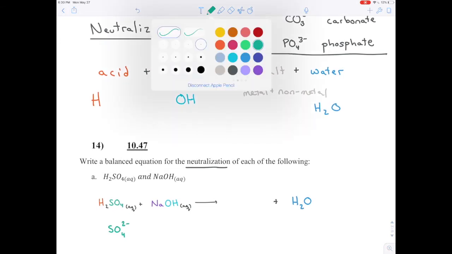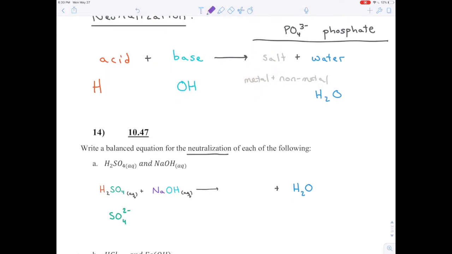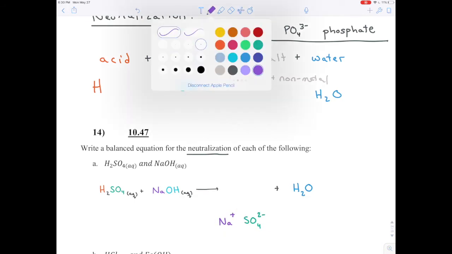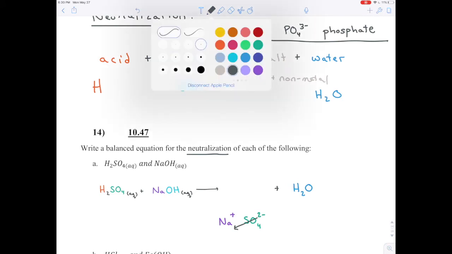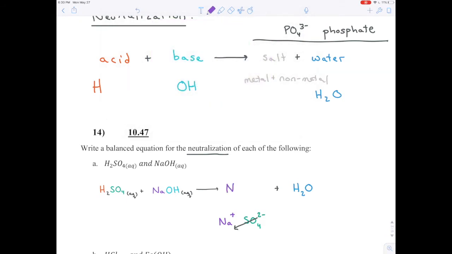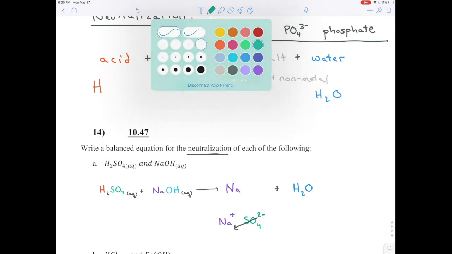Okay, sodium. Sodium is in group 1A on the periodic table, so it has a +1 charge. Always take the positive ion and put that first in the compound. The negative ion always comes second. And then you crisscross the charges. The 2 at the top right of sulfate will become a 2 at the bottom right of sodium.